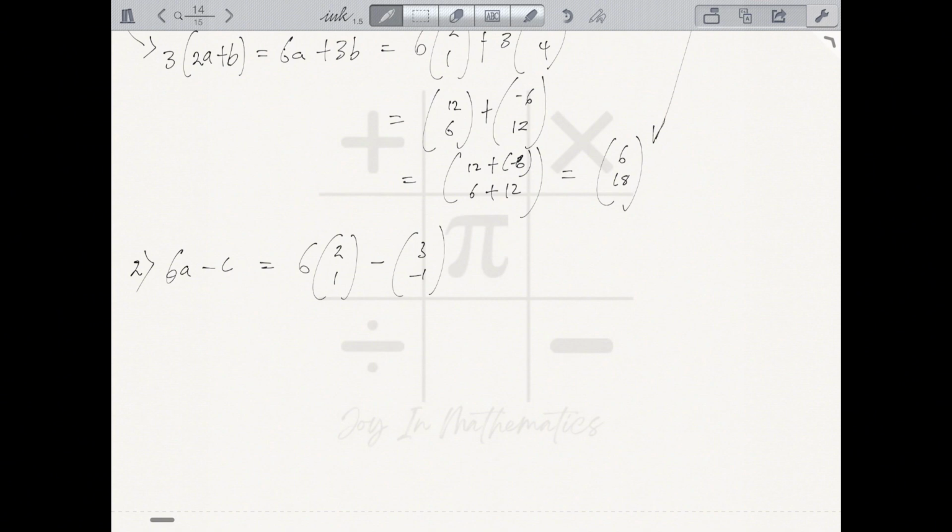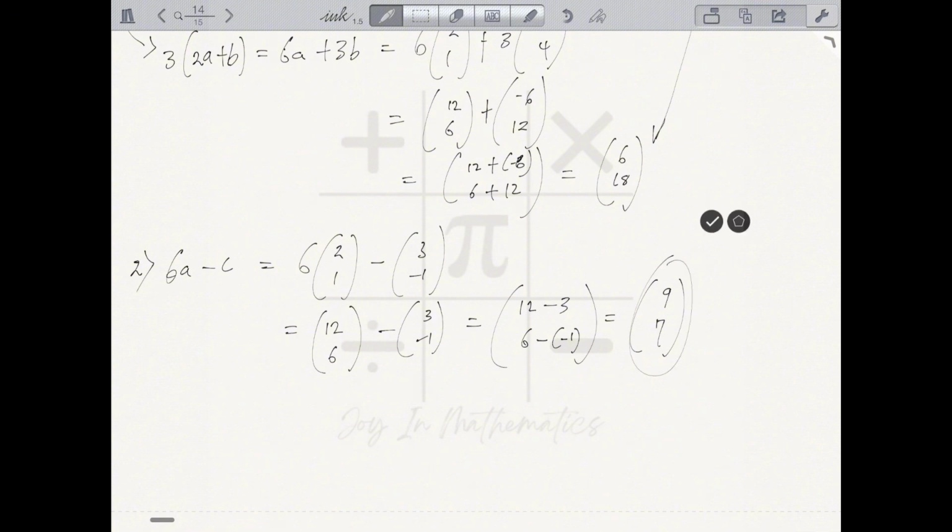So we do the scalar multiplication of 6 by (2, 1), and this will give us (12, 6), and we are subtracting (3, -1) from it. The x subtraction is 12 minus 3, which is equal to 9. The y subtraction is 6 minus -1, that's 6 plus 1, which is equal to 7. So 6a - c is equal to (9, 7).